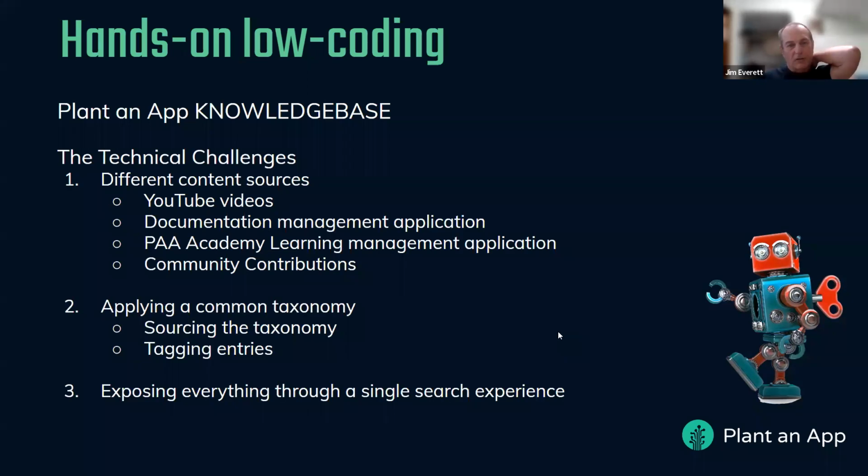So what are the technical challenges we're facing? Well, we've got the different sources. Three of them at least are under our control, the document management and the academy and the forthcoming community contributions, but they're separated on different applications in the Plant and App constellation.